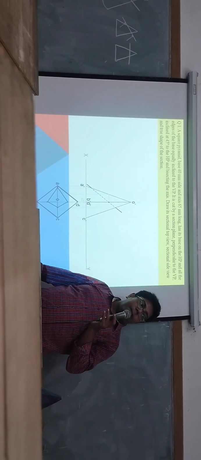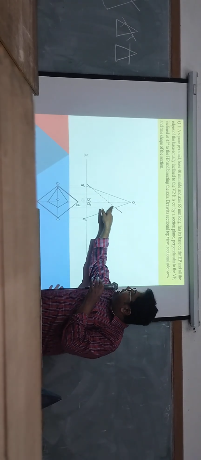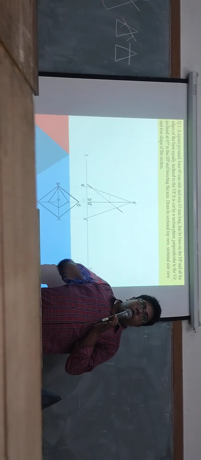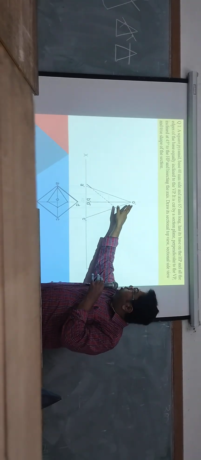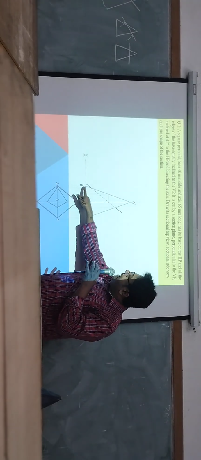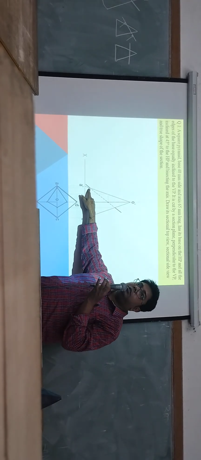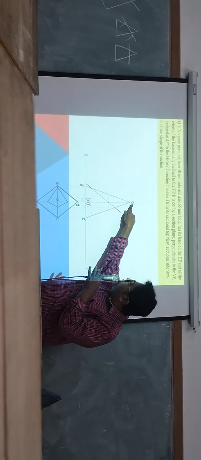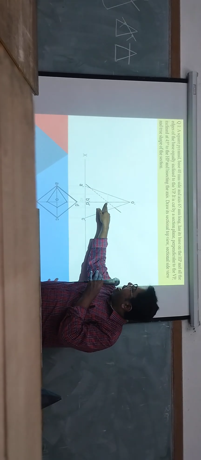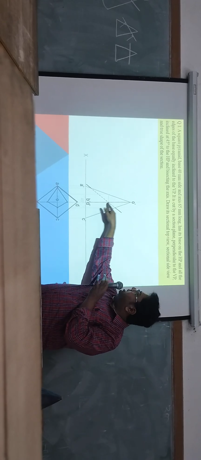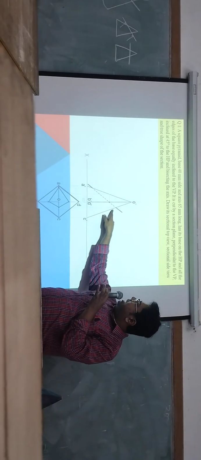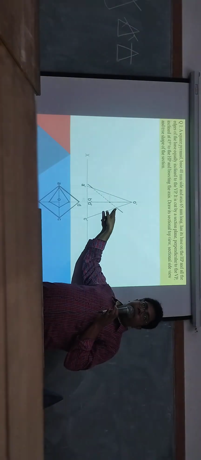Now this cutting line, where it is cutting? It is cutting O dash A dash at this point, O dash B dash D dash at this point, and O dash C dash at this point.